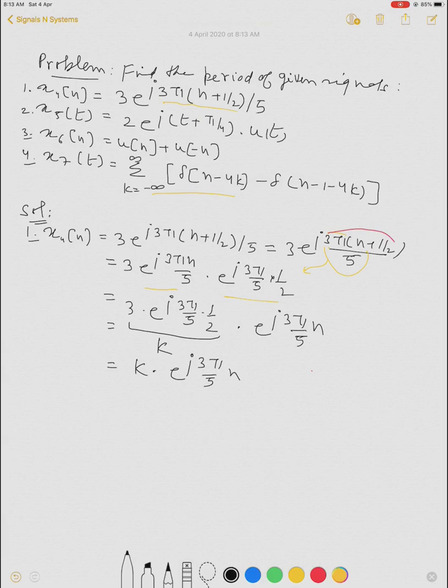Again, now compare it with e raised to power j omega n. It is a discrete signal, so for a discrete signal you need to find omega upon 2 pi, and we have to check whether this ratio is a rational number or not. Once it is rational, m upon n, and n will give you the period.